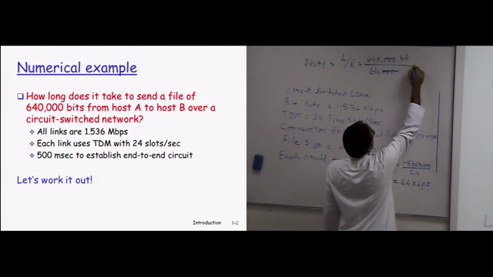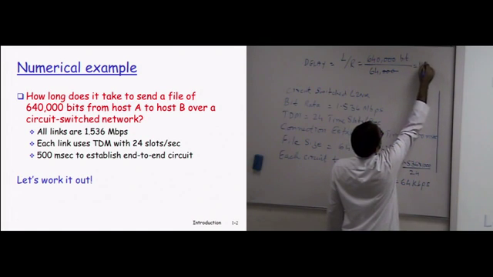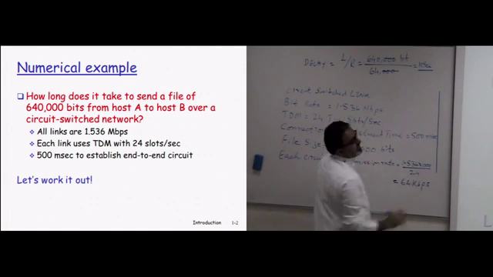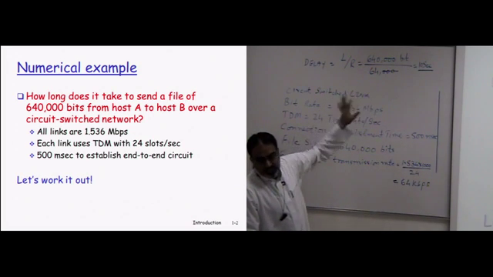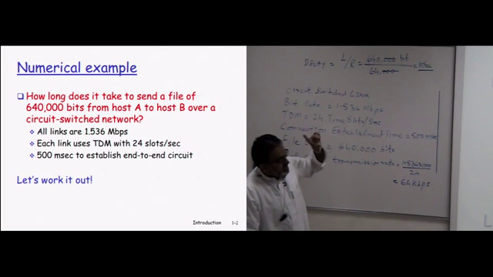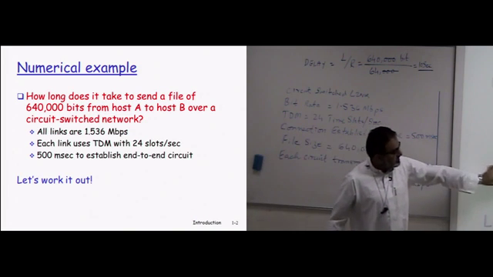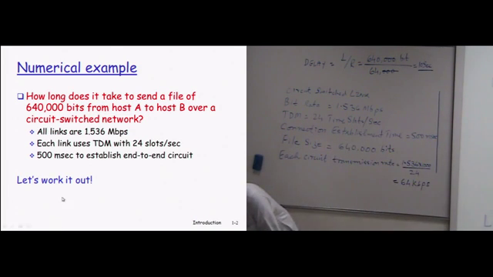So how much will it be? 10 seconds. Is it clear? 10 seconds. But here it is mentioned that 500 milliseconds are required to establish an end-to-end circuit.